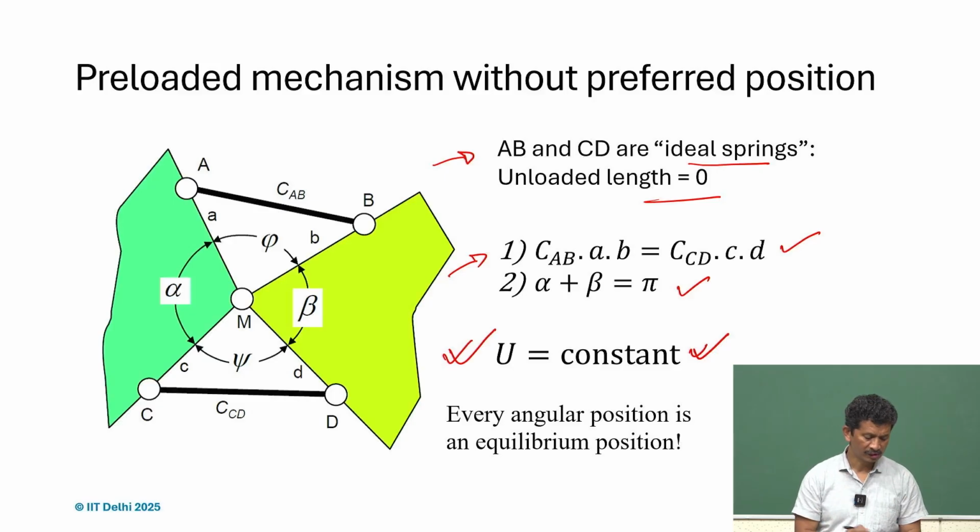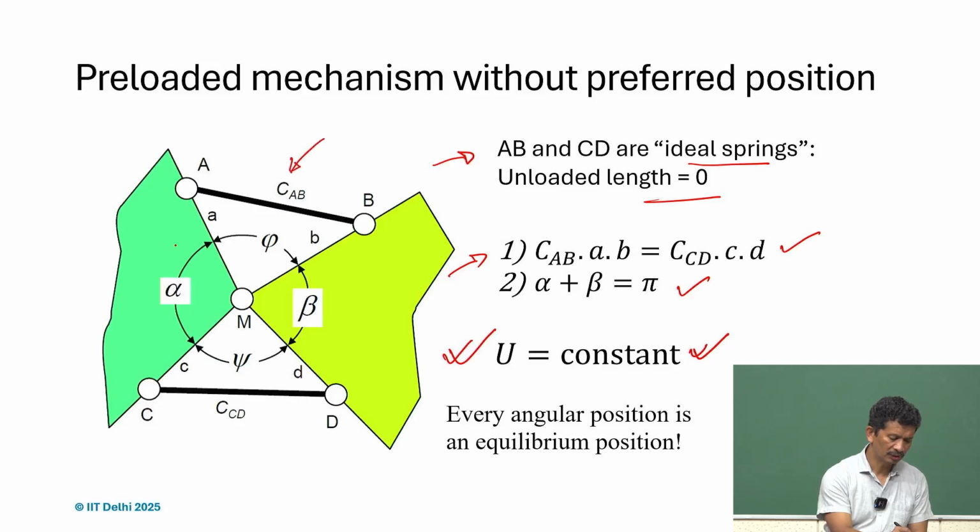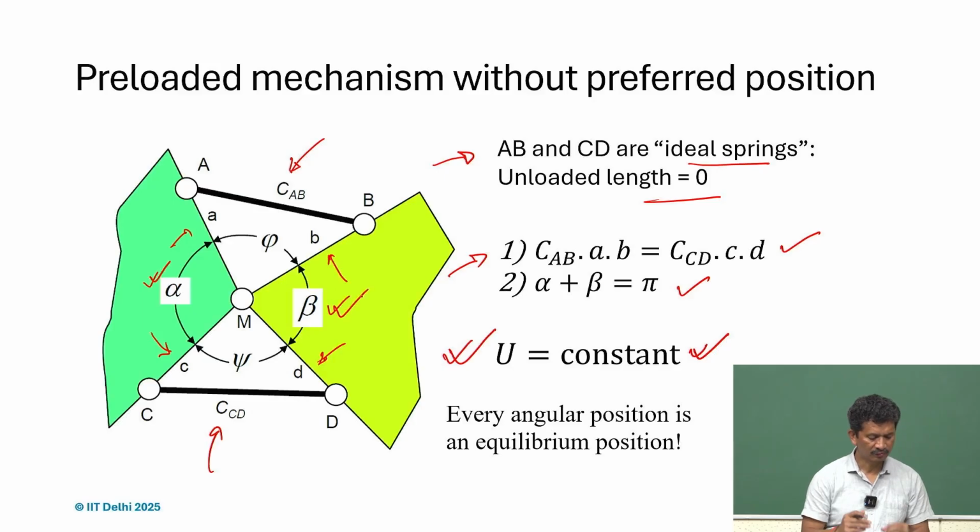So if we ensure these two conditions, that C A and C D are equal and that the angles of the wedges alpha and beta sum to pi, then the total potential energy will be constant no matter where we put it or how we orient it.